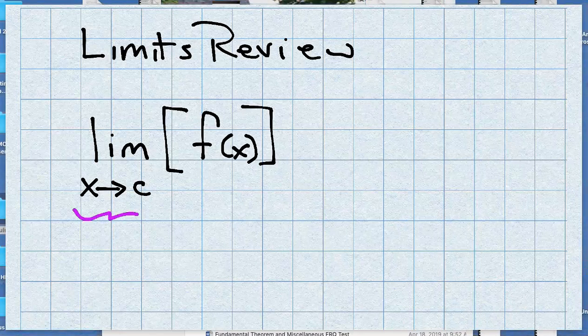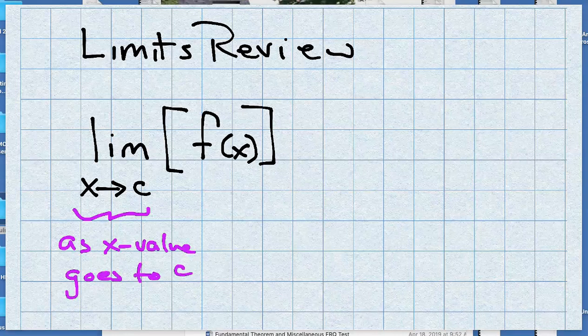This part right here is as the x value goes to c, and this is whatever the function is.